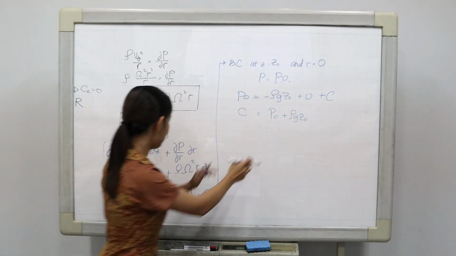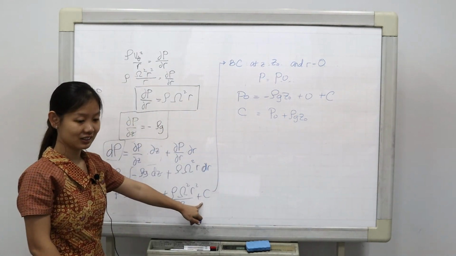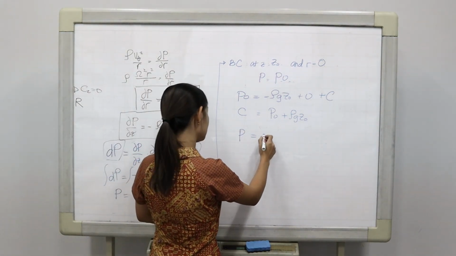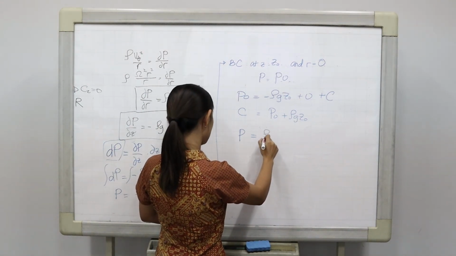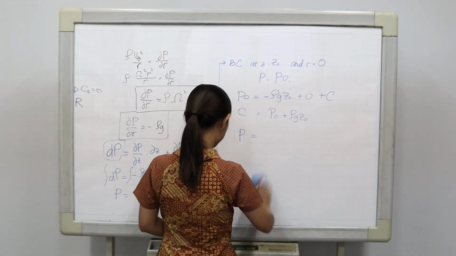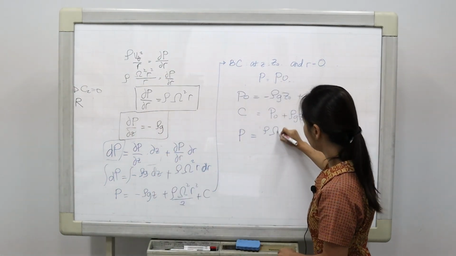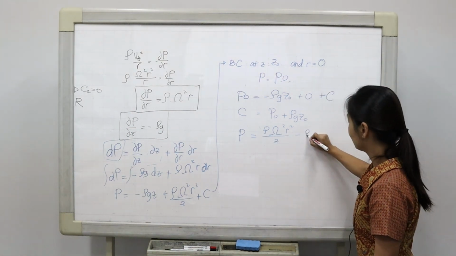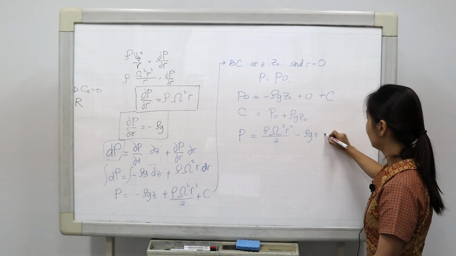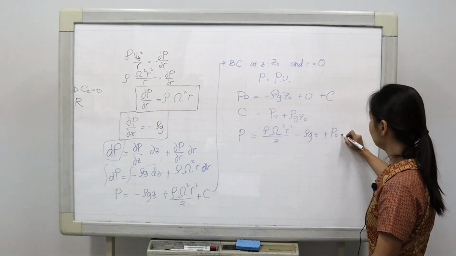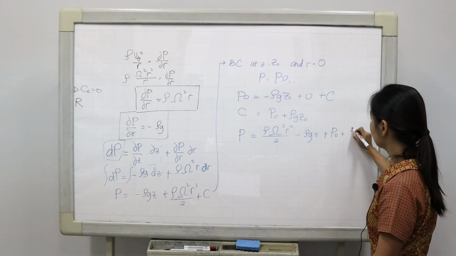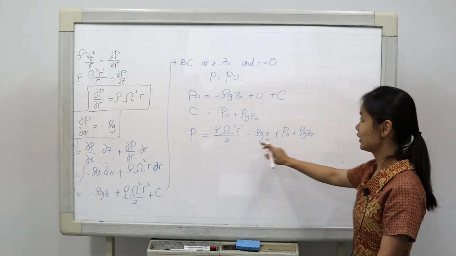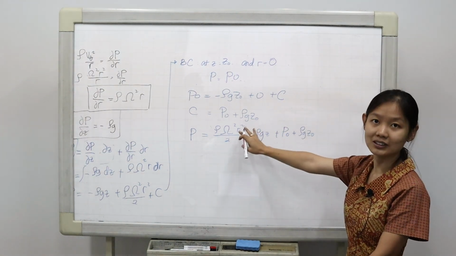Now we put the constant back into the equation. We have P equal to ρω²r² divided by 2 minus ρgz plus P0 plus ρg z0. So basically this is our equation after we put back the constant.